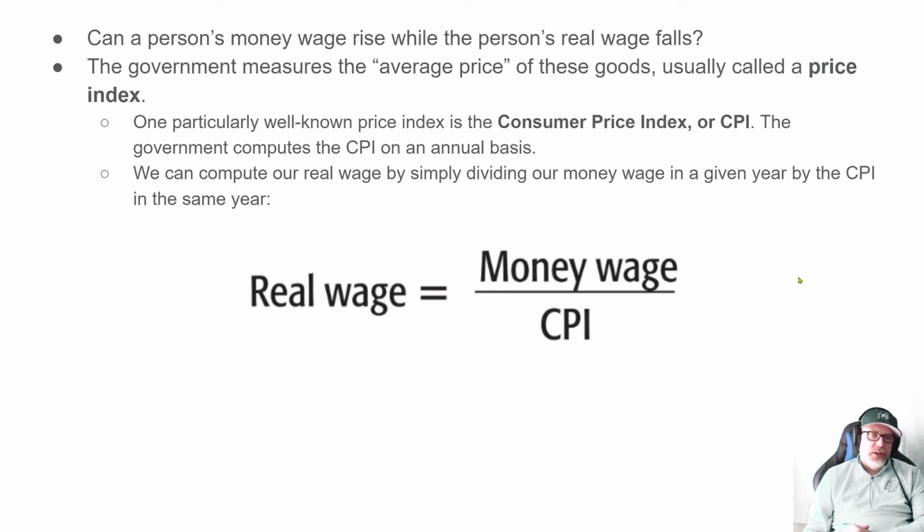So can a person's money wage rise while the person's real wage falls? Well, the government measures what's called the average price of goods, and it's called a price index. There are many price indexes, but one of the most well-known is the Consumer Price Index, or CPI. The government computes the CPI on an annual basis, and also quarterly.